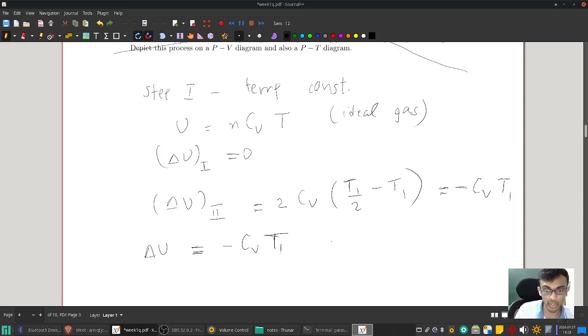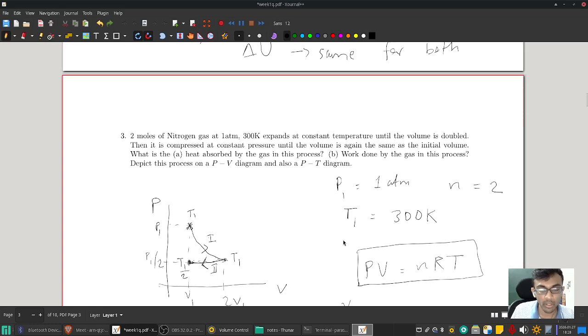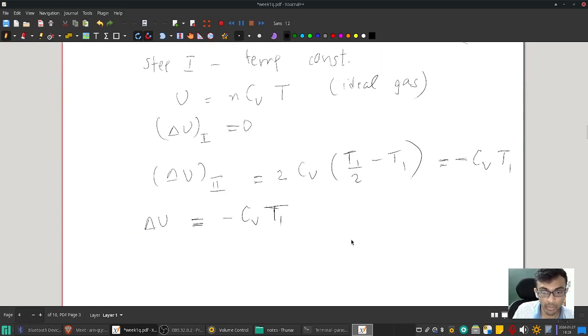So this is nitrogen gas. At high enough temperature, its CV is going to be 5R by 2. This is molar specific heat capacity because of the 5 degrees of freedom.